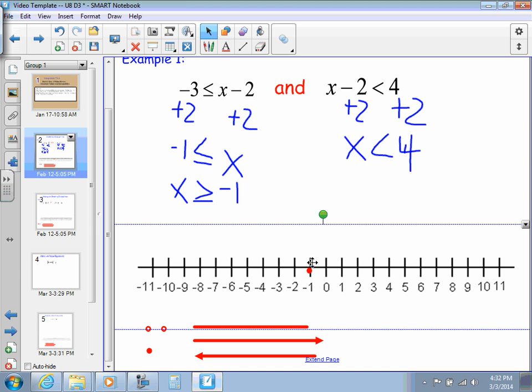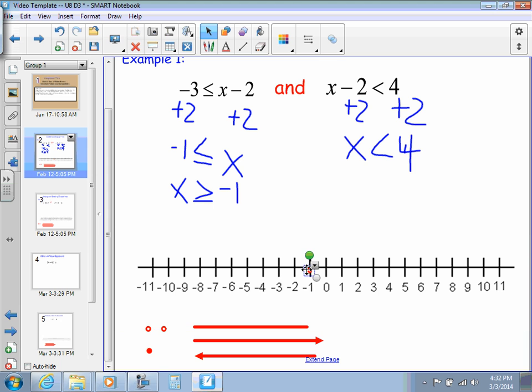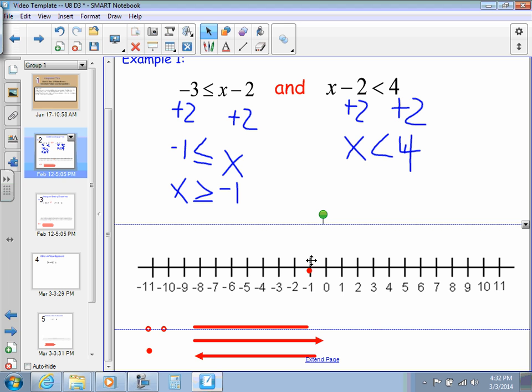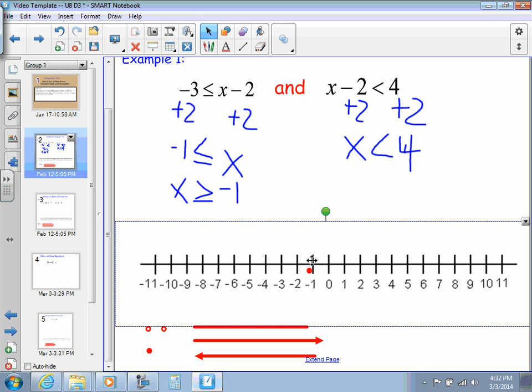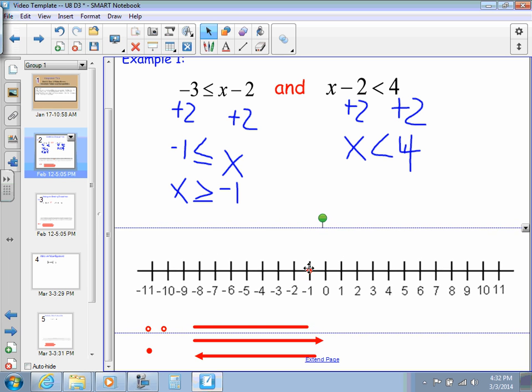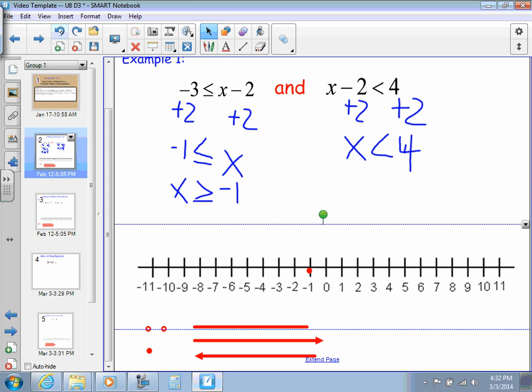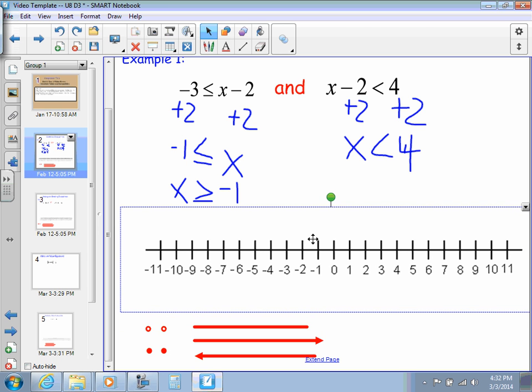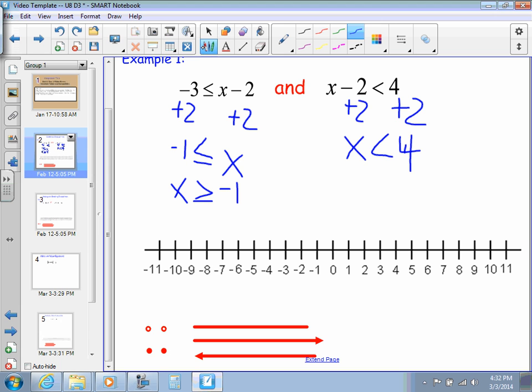Let's see if I can fix it. Let's just move the whole line to put it where we want it. I suppose that will work, other than I may have trouble with this. You know what? Let's undo this and fix it a different way. I'm going to just draw it.